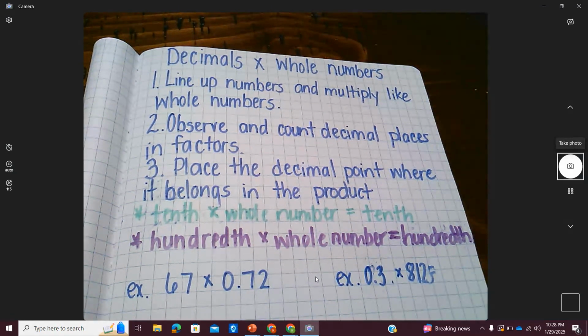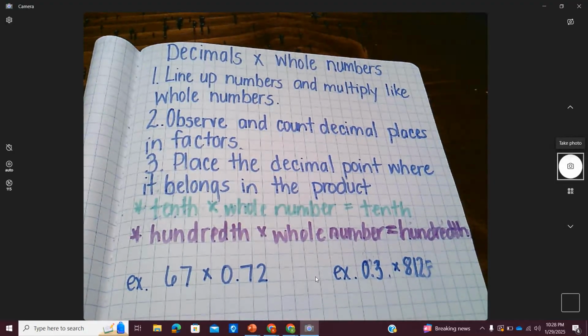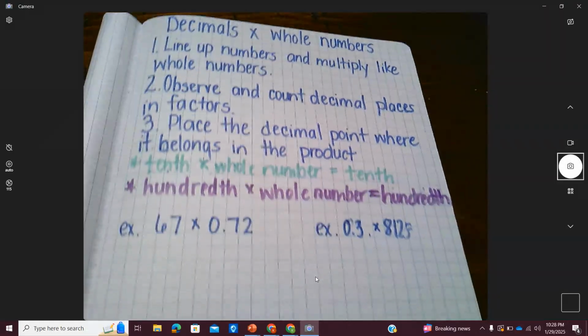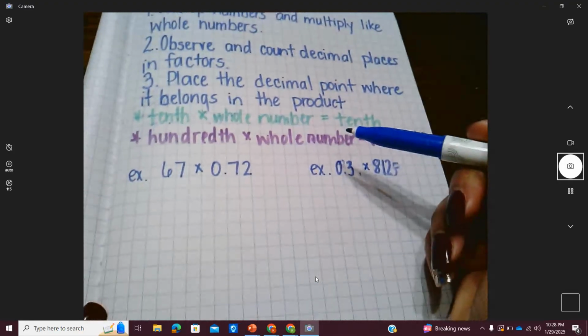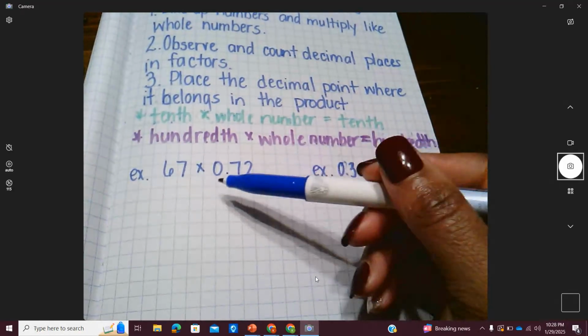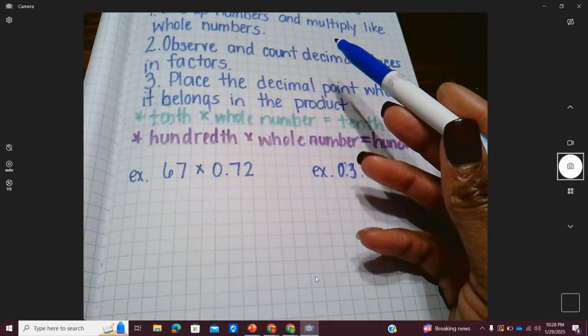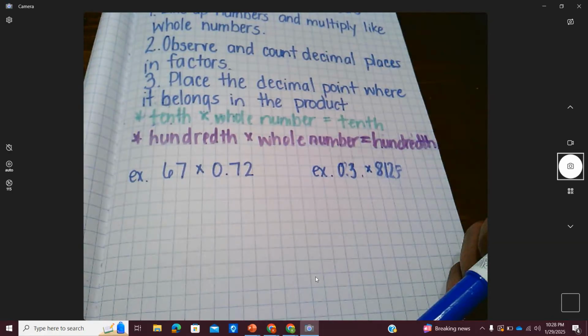So if I have a decimal times a whole number, this is how I'm going to multiply it, especially if it's a larger number. Let's take 67 times 72 hundredths, for example. The very first thing I'm going to do is line these up like I'm going to multiply whole numbers.